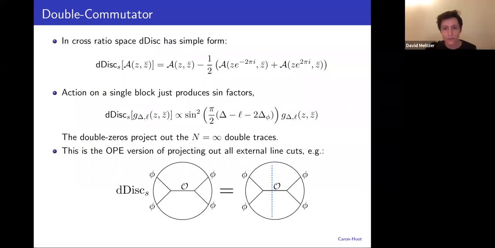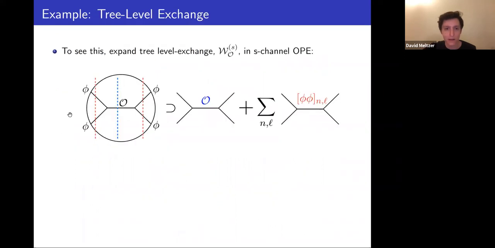Right. So these double zeros produced by the double discontinuity, as I said, project at the double traces. And this is the OPE version of projecting out external line cuts. So to explain this, I need the block expansion for my tree level diagram.